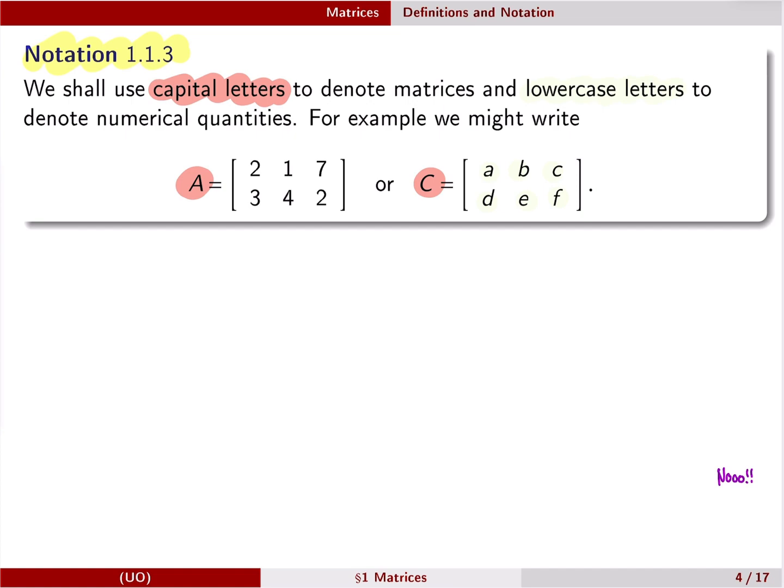And when we are talking about the components or the entries of a matrix, if we are using general numbers, we're going to use lowercase letters. Like here in the matrix C, we have the entries a, b, c, d, and f. So these are the components, which are numbers. So when we're using numerical quantities in general, we use lowercase letters.